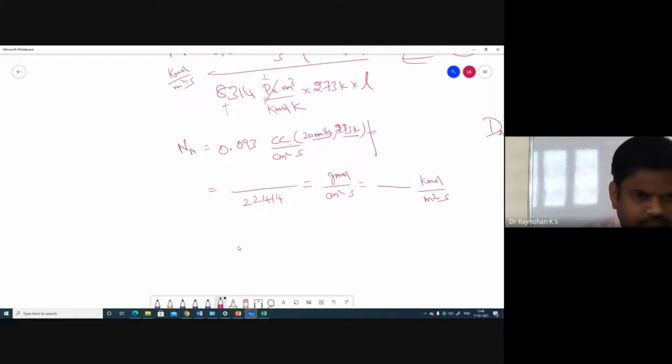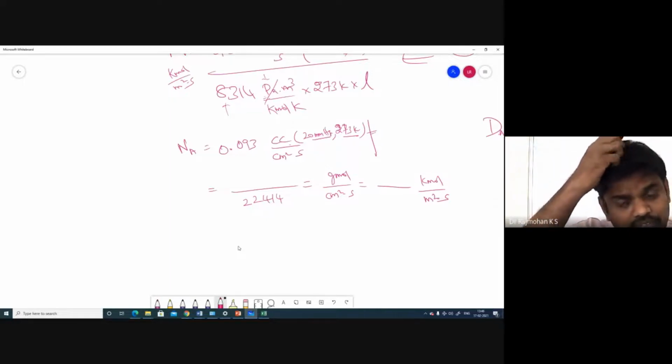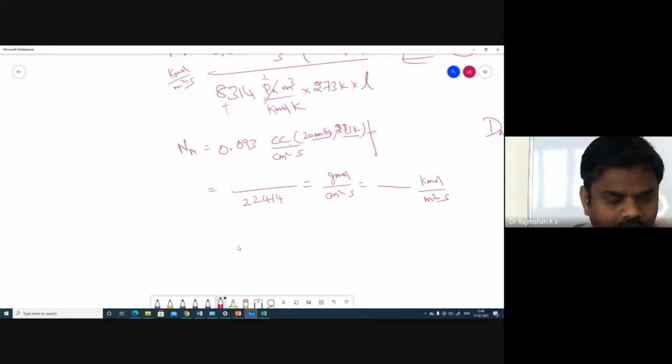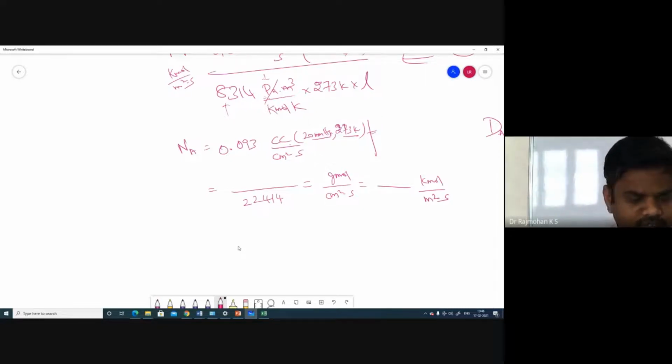Get that Na value given in terms of this. Can we do it directly or do we have to do it for the SI unit system? No? So we have 0.093 into 20. Sir, 4.1 into 10 power minus 11.